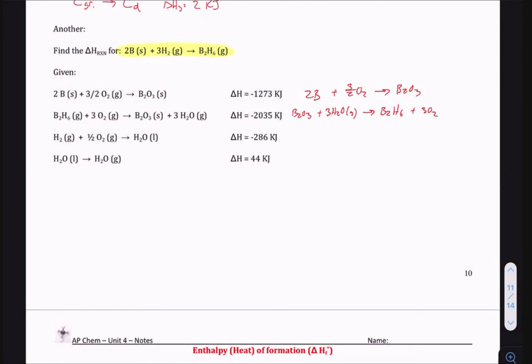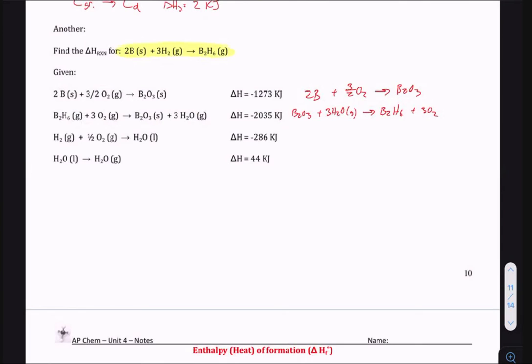All right. So as it stands right now, does everyone see how B2O3 would cancel? The thing is, in our overall equation here, do you see any water? No. So the water must also cancel. So let's continue on. Now, this water here is in gaseous form, right?